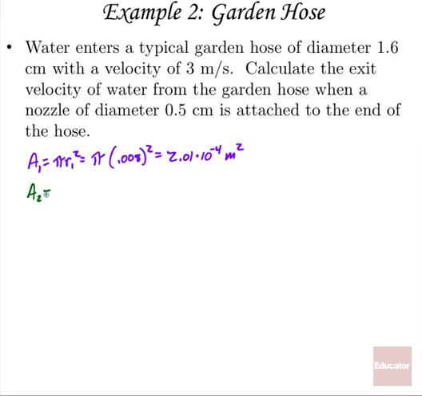Area 2 at the nozzle is pi R2 squared, or pi times, well, its diameter is 0.5 centimeters, so its radius is half of that, 0.25 centimeters, 0.0025 meters squared, which is 1.96 times 10 to the minus 5 square meters.